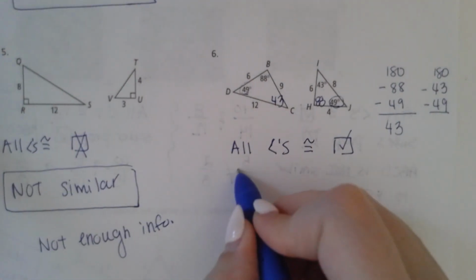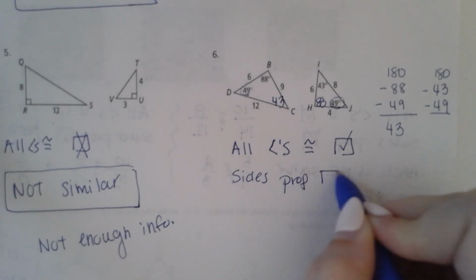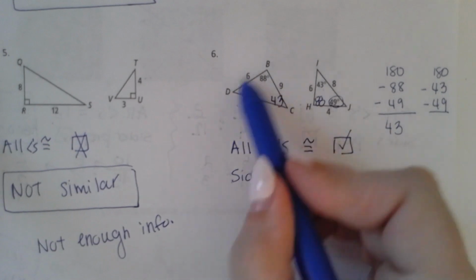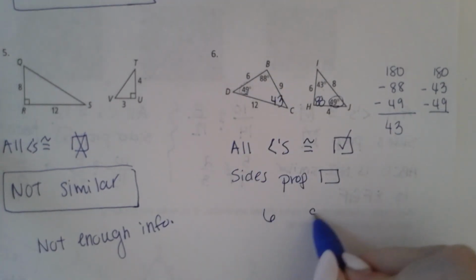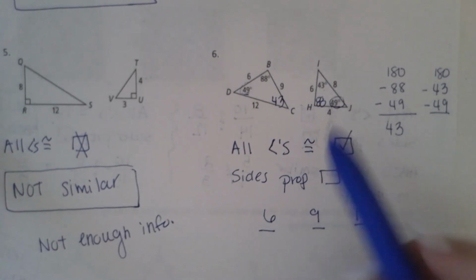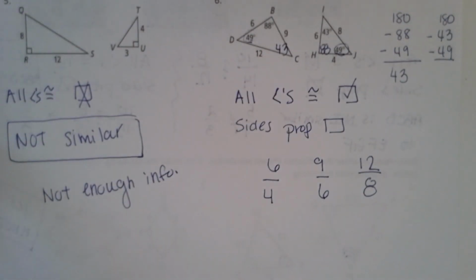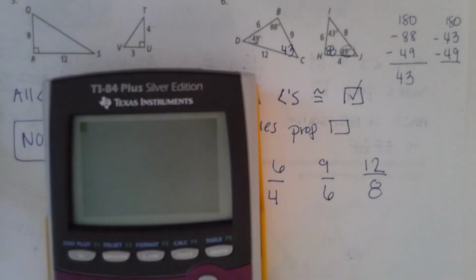Now we have to see if all of the sides are proportional. So I'm going to start with all these ones. 6, 9, 12. So small, medium, large. Over here, small is 4. Medium is 6, large is 8. Divide these in our calculators and see if they simplify.